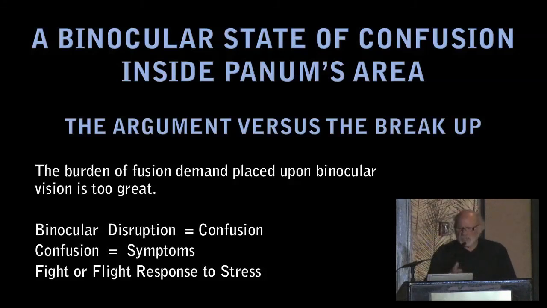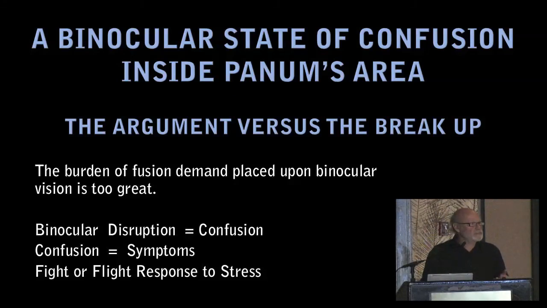It's when the burden of fusion demand placed on this binocular vision system is just too great to compensate for. So binocular disruption manifested by this fixation disparity represents a confusion in the visual system. The confusion is where those symptoms lie, I feel.